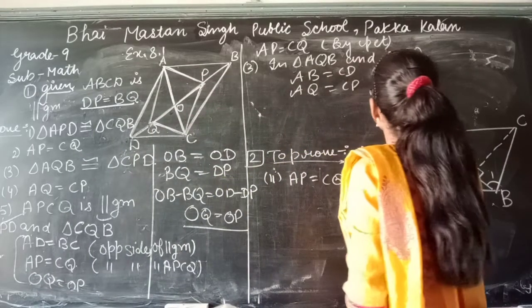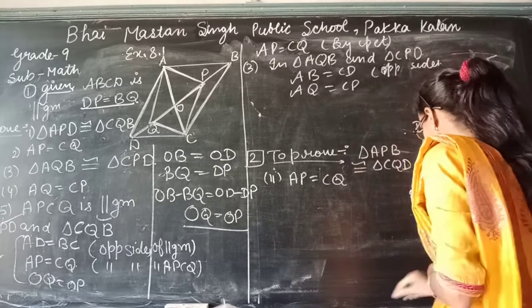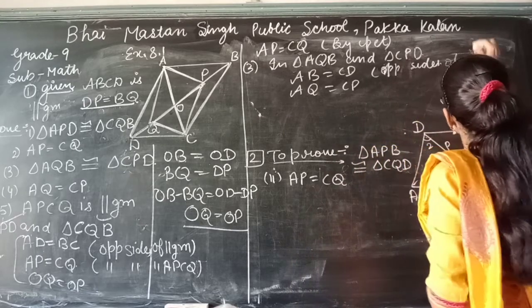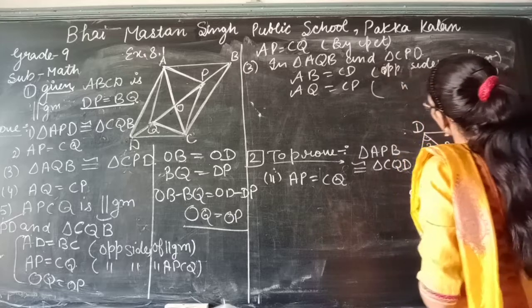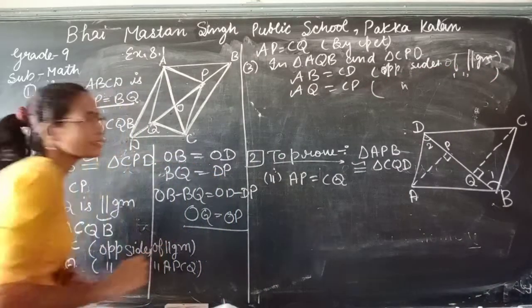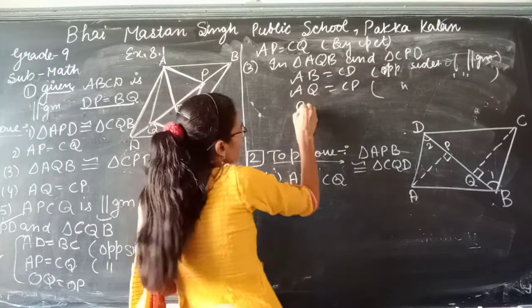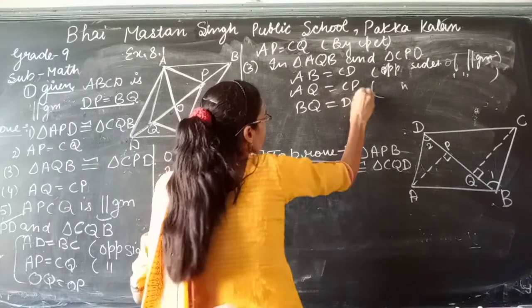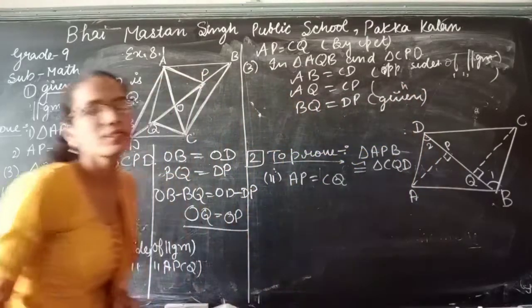Because these are the opposite sides of the parallelogram. And next one is BQ is equal to DP. This is given.